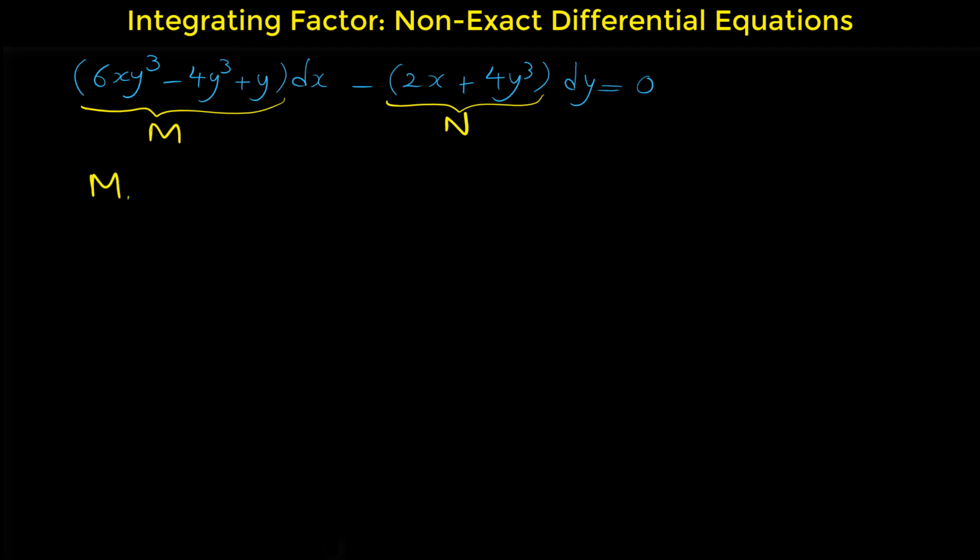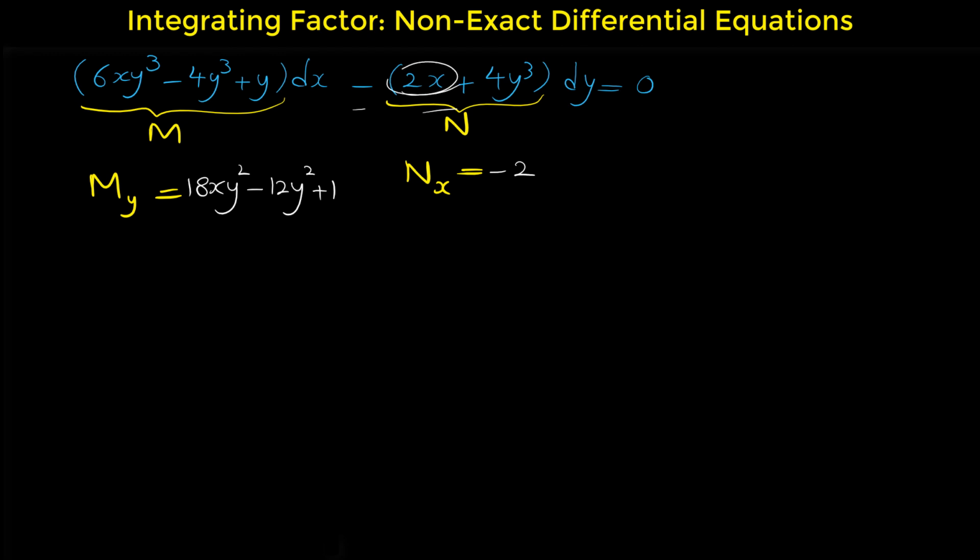m sub y and n sub x. The partial derivative of m with respect to y is 18xy squared. The derivative of y to the 3 is 3y squared. If we multiply 3 by 6, we have 18xy squared minus 12y squared plus 1. And the partial derivative of n with respect to x is only negative 2.